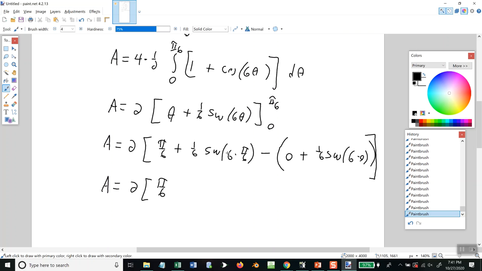These 6's would cancel. I got sine of pi, which is 0, times 1/6 is 0, so that drops away. That 0 drops away. 6 times 0 is 0. Sine of 0 is 0, times 1/6 is 0, so that drops away. So, assuming I didn't screw it up, the area is pi over 3.